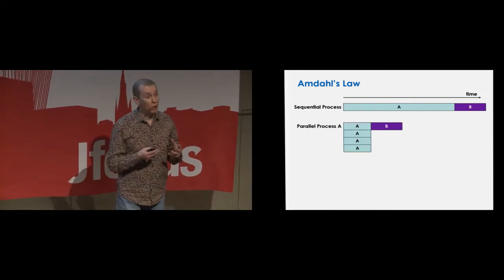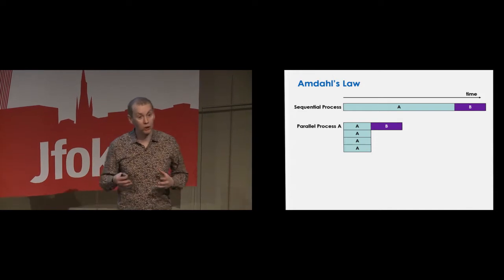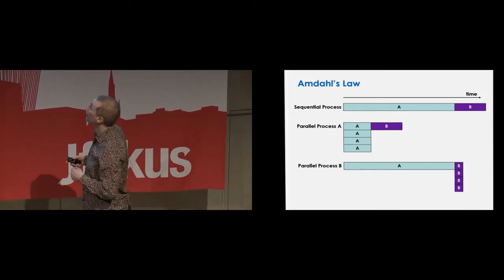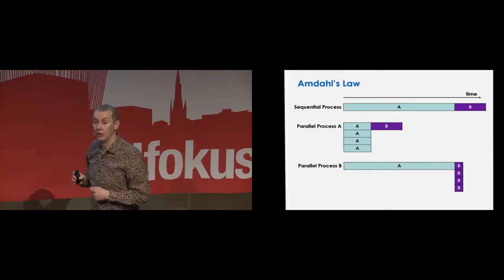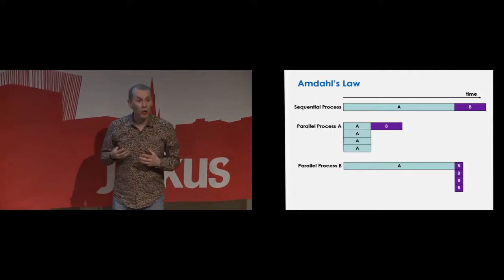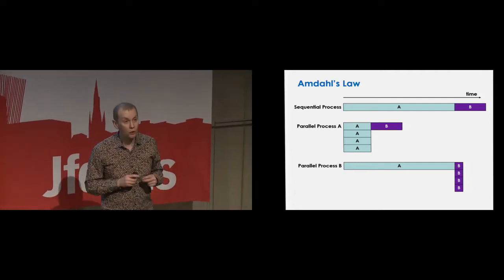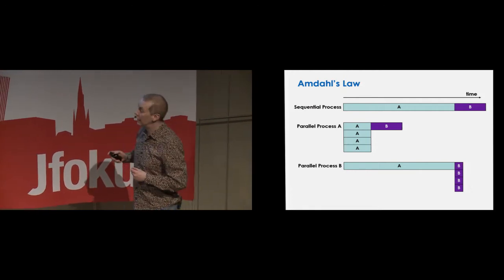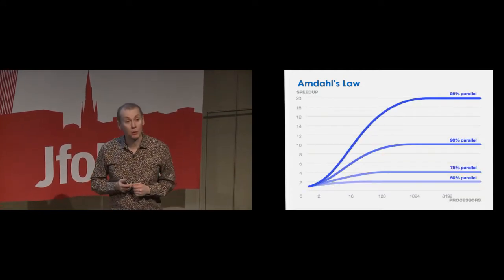So if part A of your process can be done in parallel and you've got 4 CPUs, you can get a reasonable speed up. If part B is the only bit you can make parallel, you can get much less of a speed up. So the amount of the algorithm that is sequential will dictate the ultimate speed up you can get. What does this look like when you graph it?